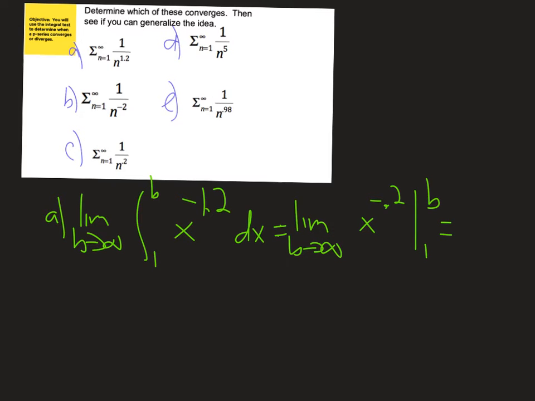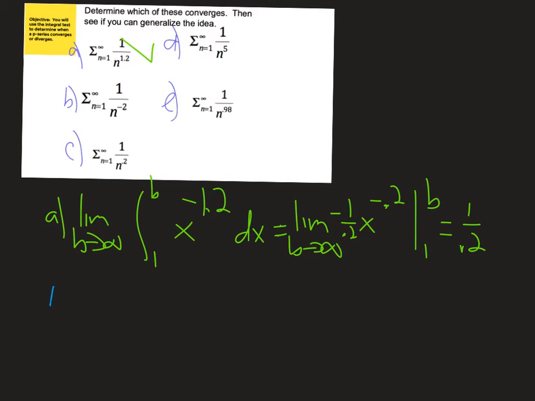Sorry, this is wrong, not x to the negative 0.2. It's going to be negative 1 over 0.2 times x to the negative 0.2, which gives 1 over b to the 0.2 minus 1. So this is going to spit out 1 over 0.2. That's my argument. So that one converges. I'm going to check it off if it converges.